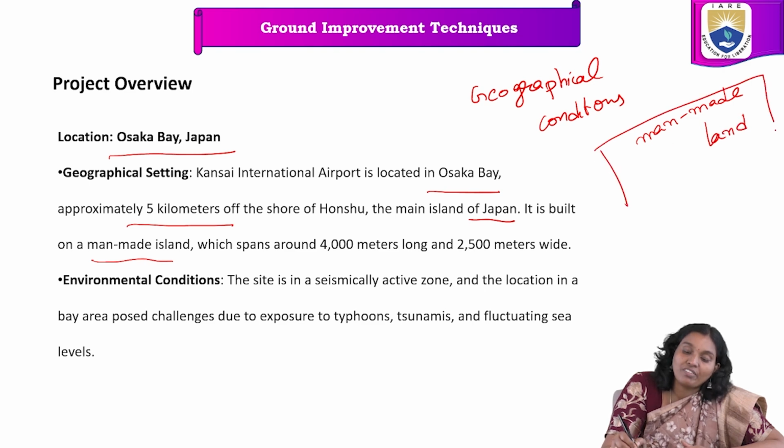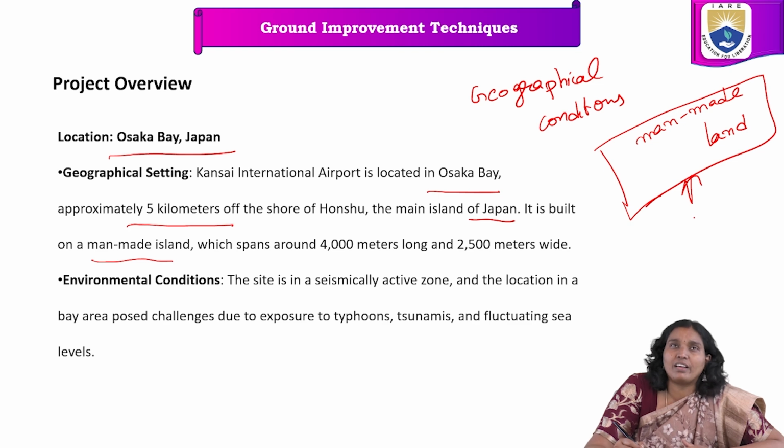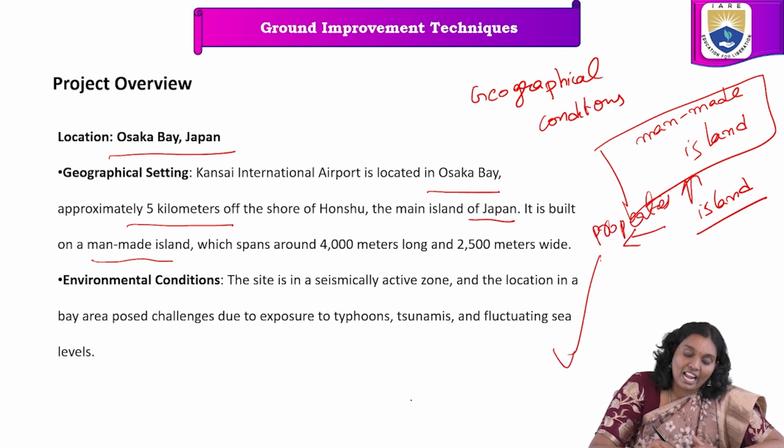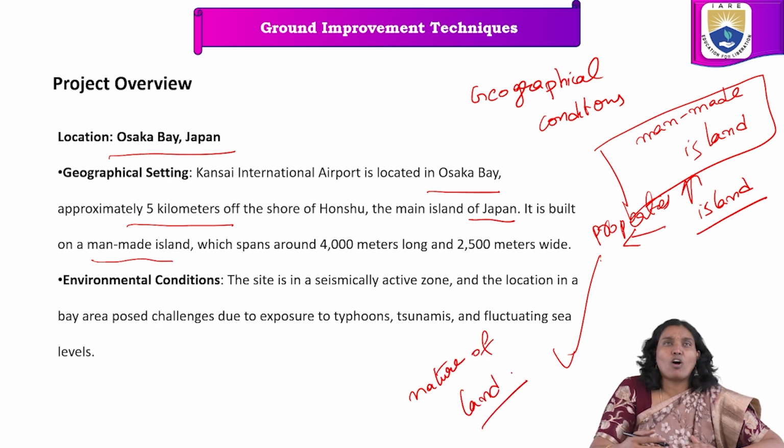On which basis is it man-made, what is the requirement for preparing this island, what is the reason behind this, what properties are involved, and what is the nature of the land? These are all involved.